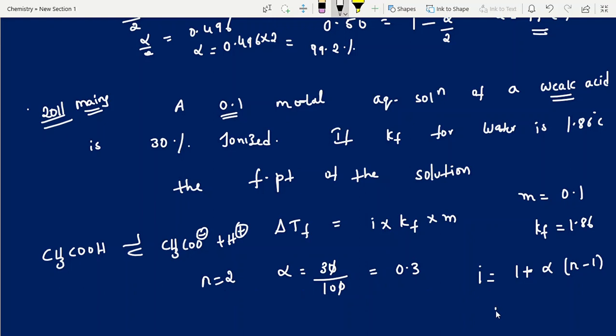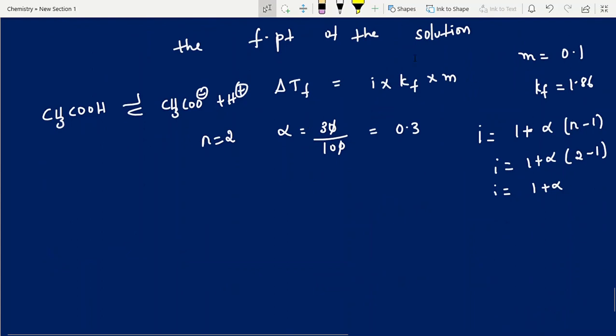Then i equal to 1 plus alpha into (2 minus 1). Some textbooks directly give that for weak electrolytes, the i value you can take as 1 plus alpha. Did you understand why we have got 1 plus alpha? That's all. Now i equal to 1 plus 0.3, so finally 1.3.